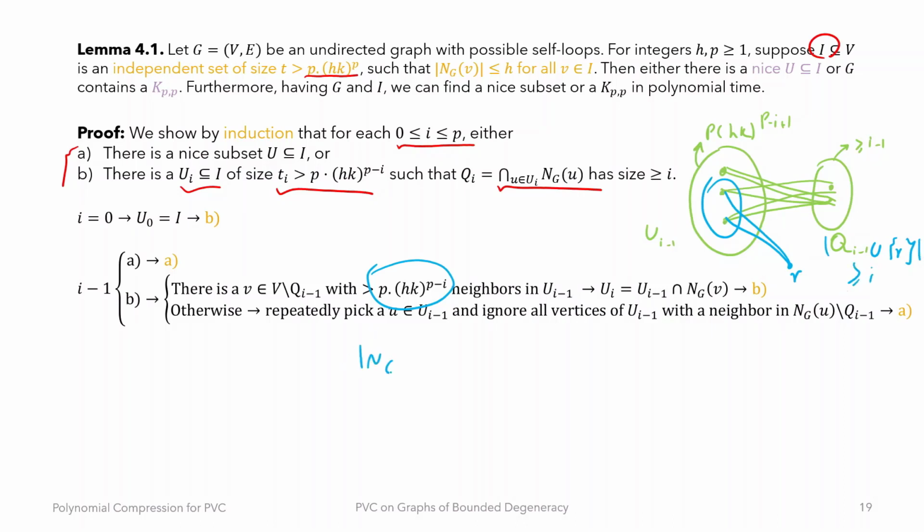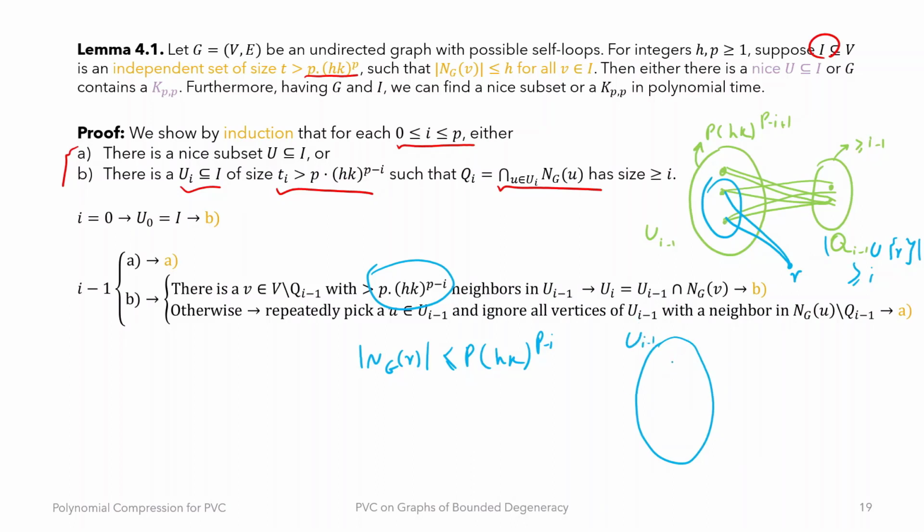Otherwise, all vertices V outside Q_{i-1} have degree at most this much. And in this case, this is U_{i-1}.